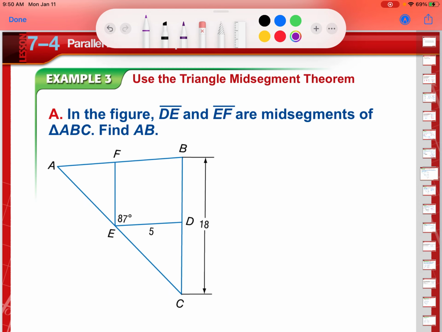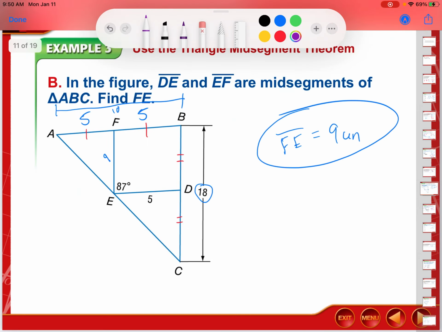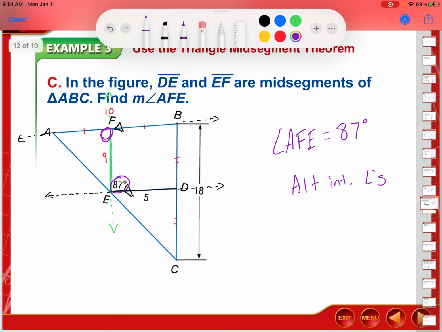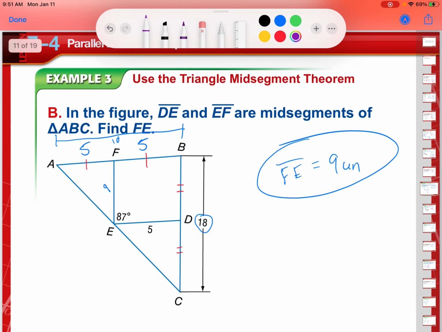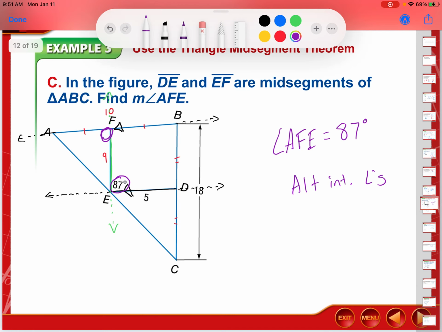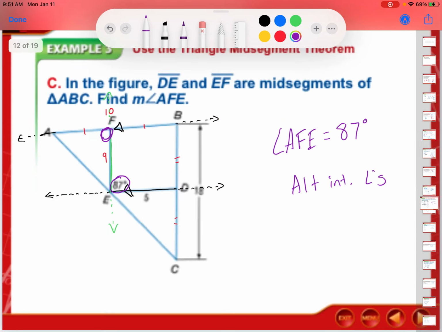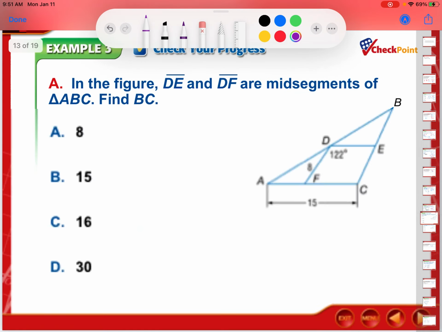So we used it here to find a side length. Nope, I accidentally skipped that one, but that's all right, because we know AB equals 10, because we found every single measure in this one. So we used it to find side length, line segment length, an angle measure.